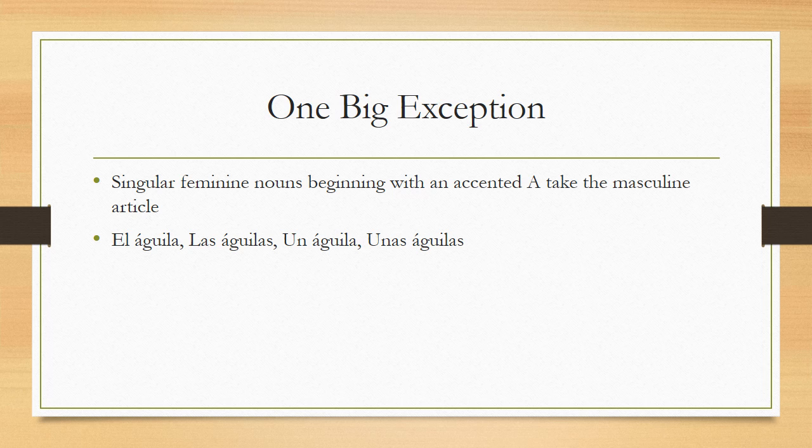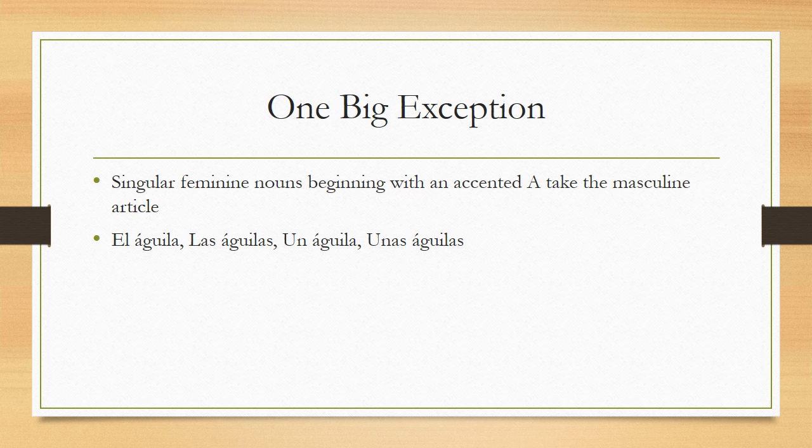It's feminine, but it takes the word el, because having that la and then a together just doesn't sound very good in Spanish. If you said la águila, you'd have these 2 ah sounds together. So they switched it to el. So it's el águila, but then when it's plural, it's las águilas.